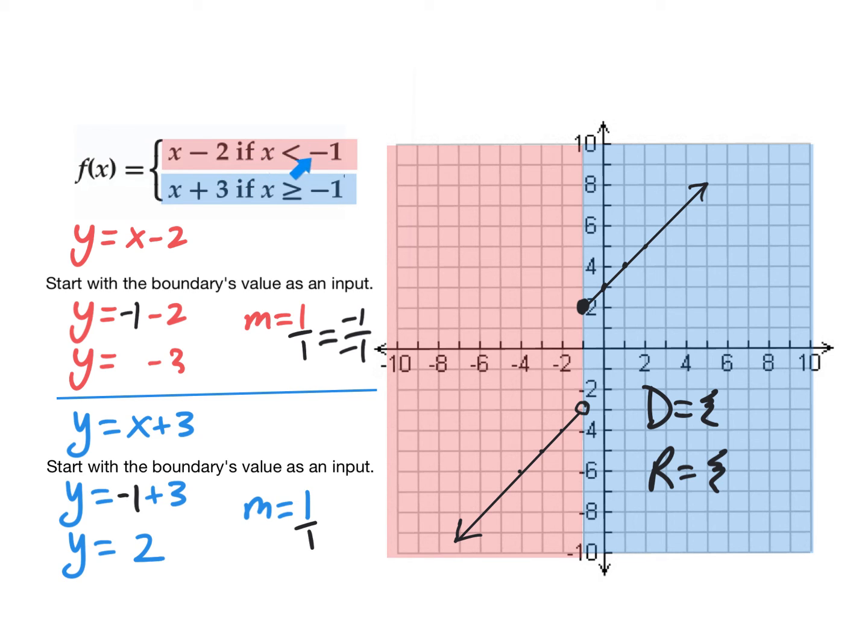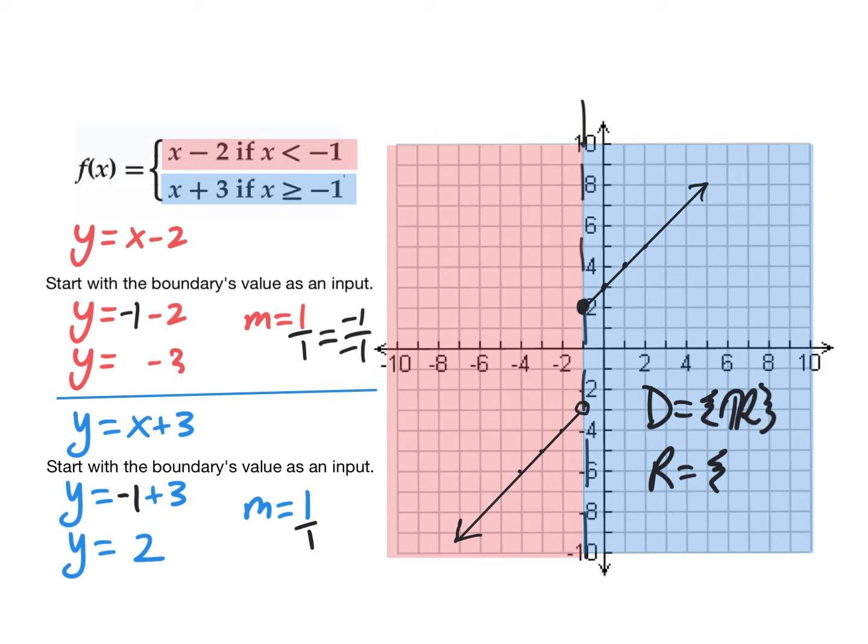On this side, it goes all the way to -1, and then when it equals -1, it jumps to here. So there's no wall here at all. The domain is all real numbers. There's not an x value you can pick that's not on the graph somewhere. Every x value that you can think of will be on one of those 2 graphs.